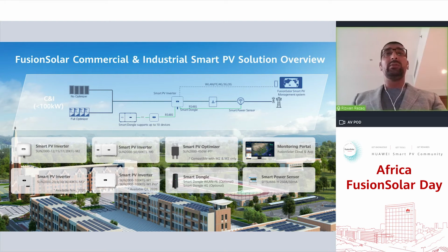As for monitoring purposes, we have the Huawei Smart Dongle FE and also the 4G. These particular devices are only available for particular inverters and are up to a limitation of 10 inverters.